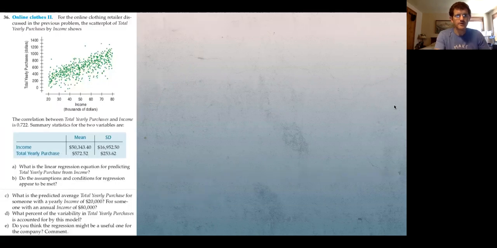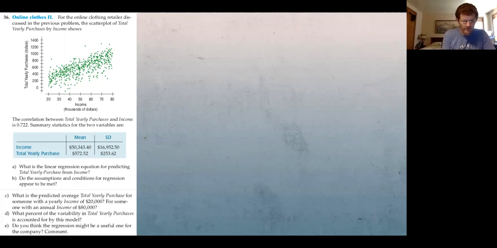So the last part, what I wanted to do is just run through a couple of problems. Some of this is just a repeat of what we did yesterday, but we'll also incorporate what we did today. In this one, we've got a correlation. The first thing it asks me to do is find the linear regression equation for these two variables.